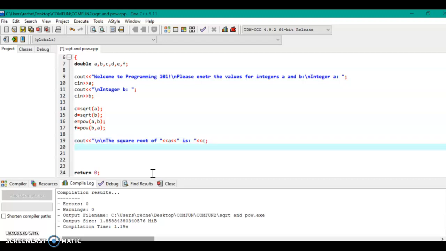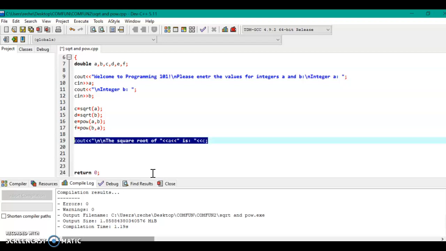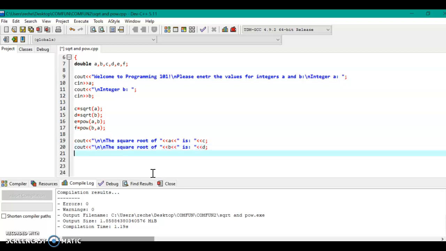All right, and then let's copy this one. And the square root of variable b is d. Good. Now, going to have the power function.